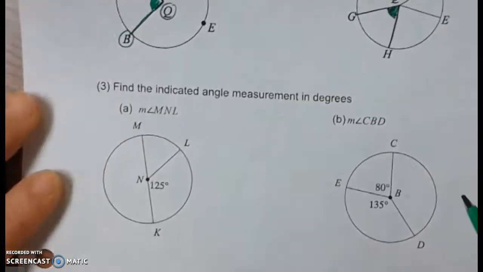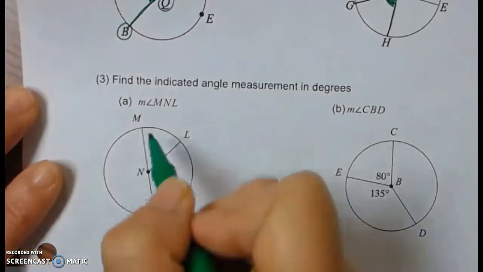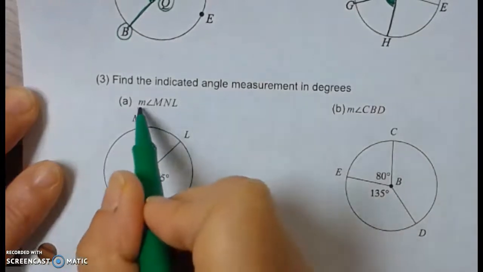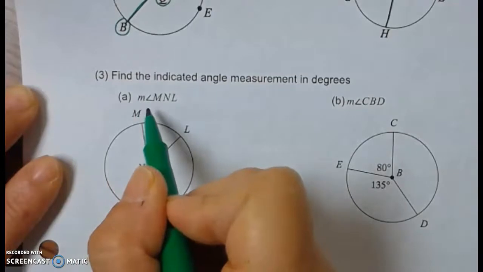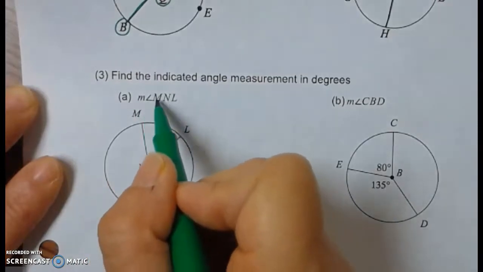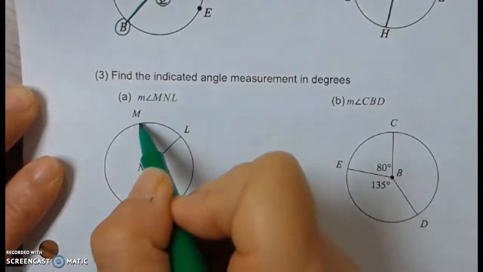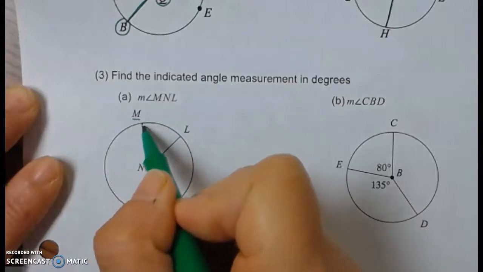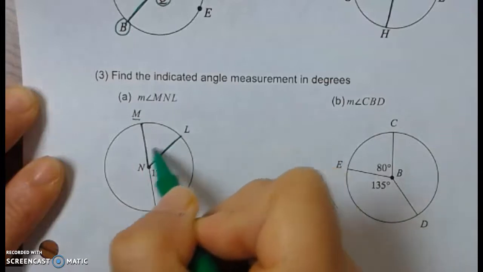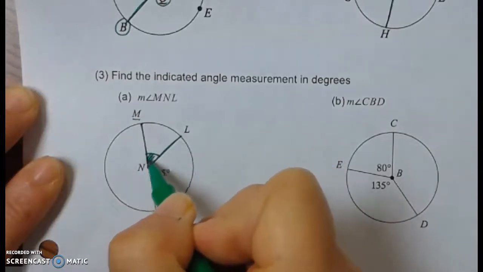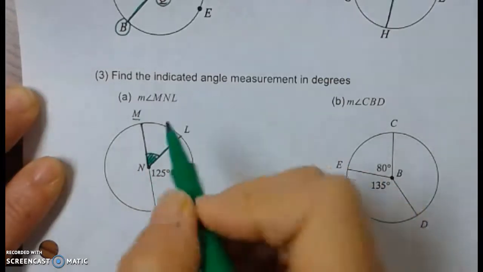Find the indicated angle measures in degrees. So we are told to find the measure of this, the little m means angle measure. How many degrees is that? So angle M, N, L. Where's M? M is right here. N, L. So this is the angle that we're interested in, and we're trying to find its measure.